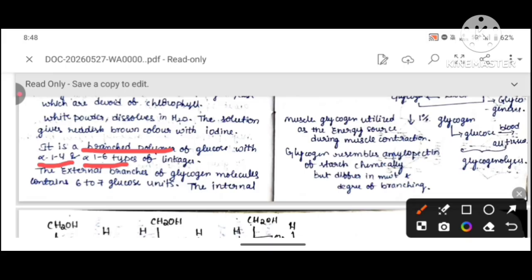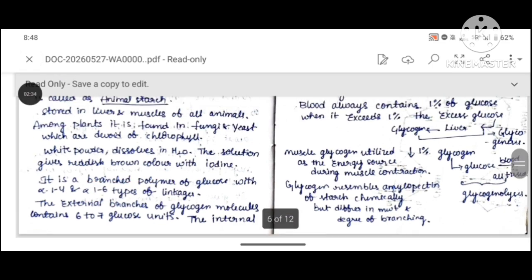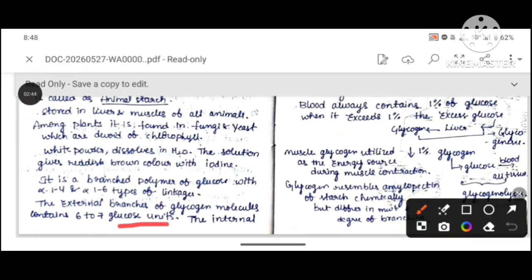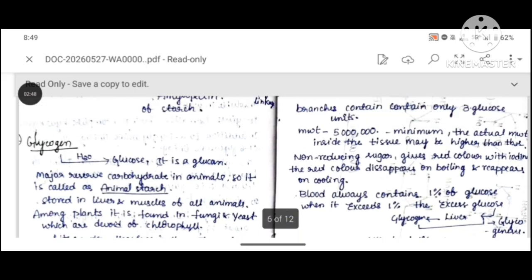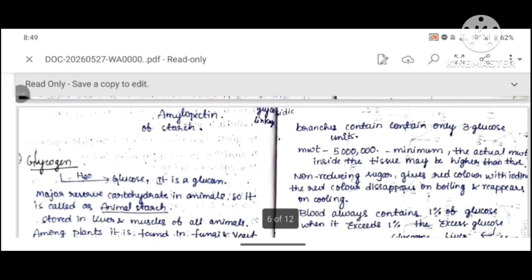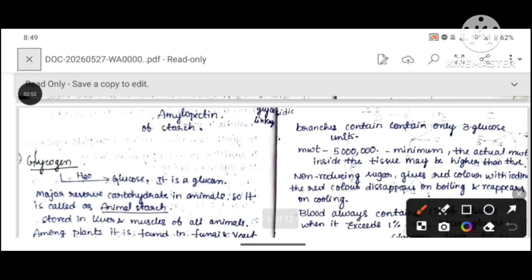The external branches of glycogen molecules contain 6 to 7 glucose units, and the internal branches contain 3 glucose units.